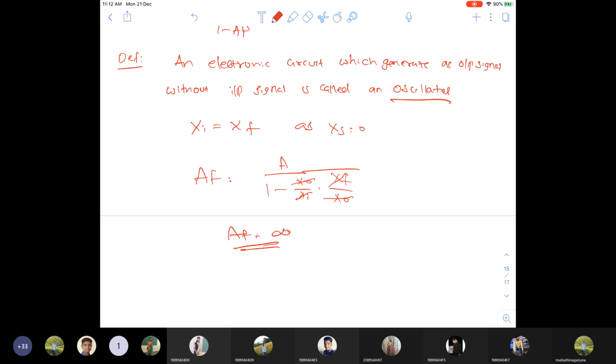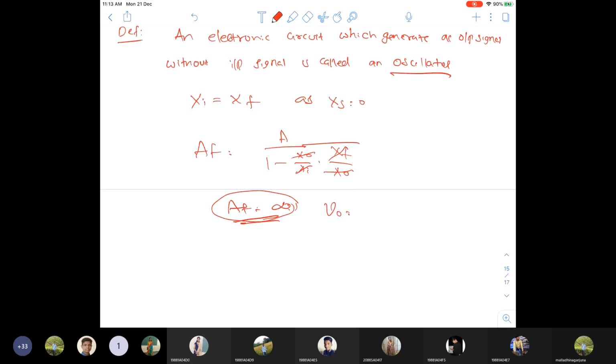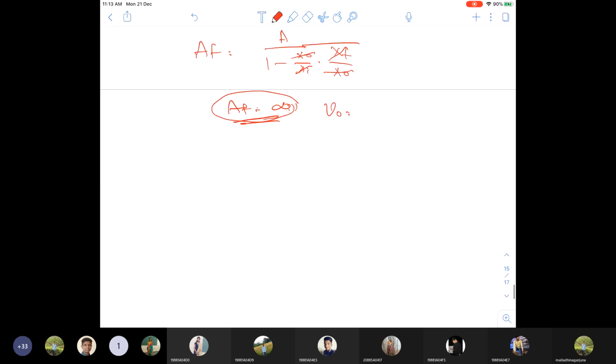So without having input signal, you are getting infinity gain. Infinity gain means the output is some value, in terms of volts. So for this reason, we are using the positive feedback for the oscillator.